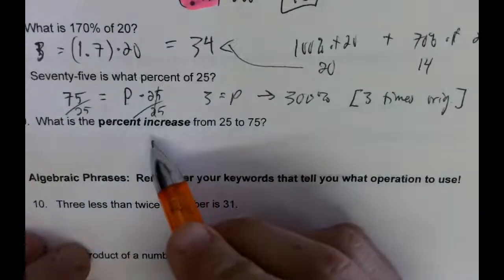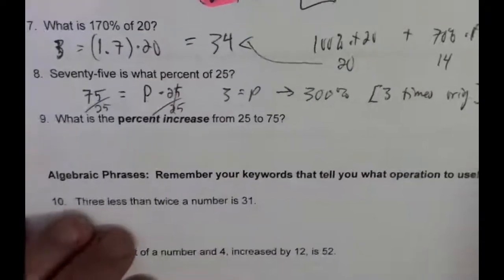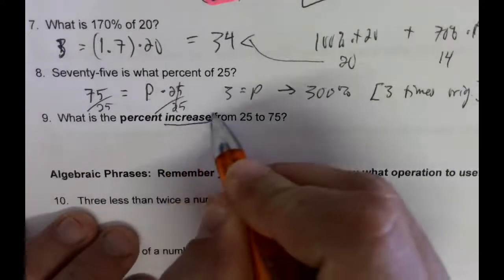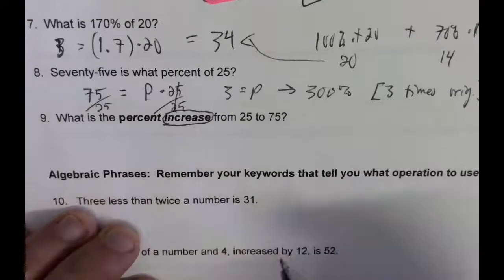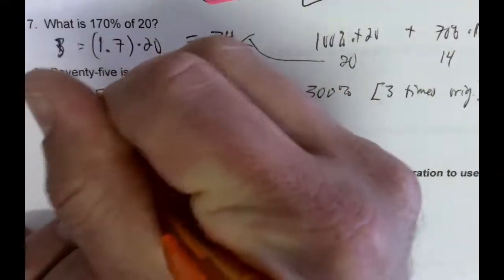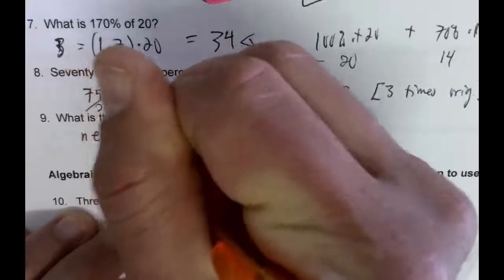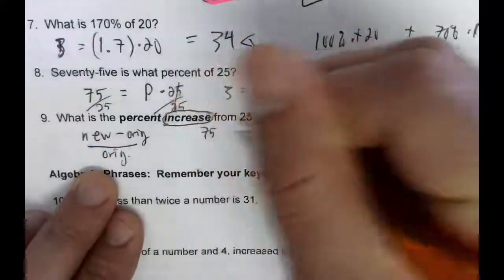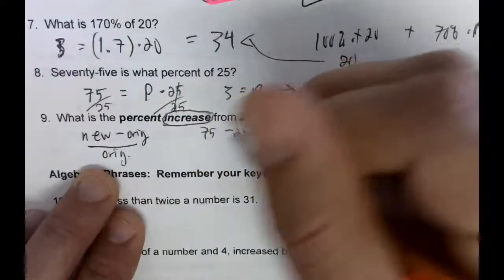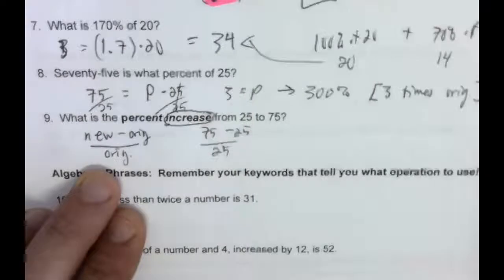Okay, what is the percent increase from 25 to 75? So again, if I'm looking for the increase, I'm looking for what percent did we add to 25 to get to 75. Okay, we talked about the formula yesterday in class. New minus original over original. Always going to divide by the original. So the new is 75, the original is 25, and we're going to divide by 25.